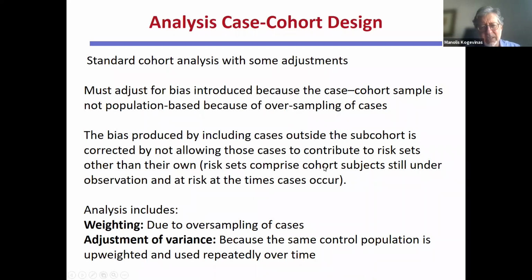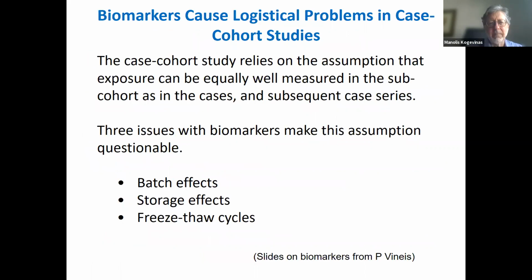There are standard packages in R, Stata, that use some kind of weighing to arrange for this oversampling of cases. It's not so complicated. It's not a straightforward, unconditional logistic regression, but it's not so complicated either. And it's much more efficient.